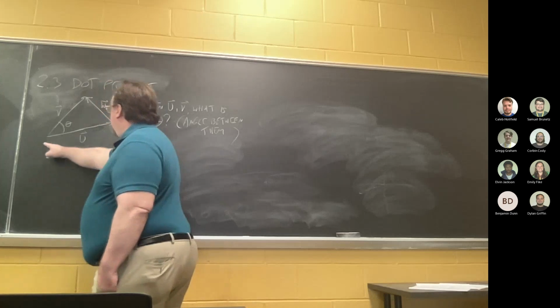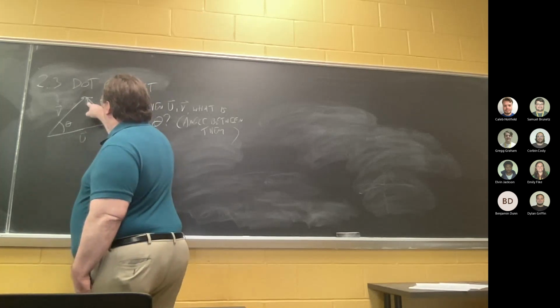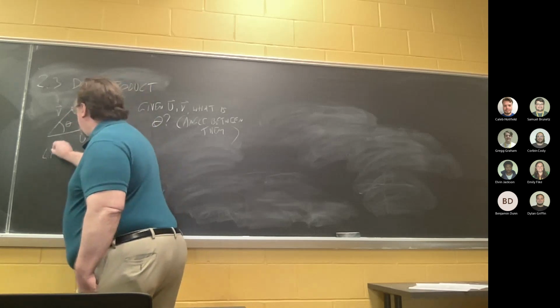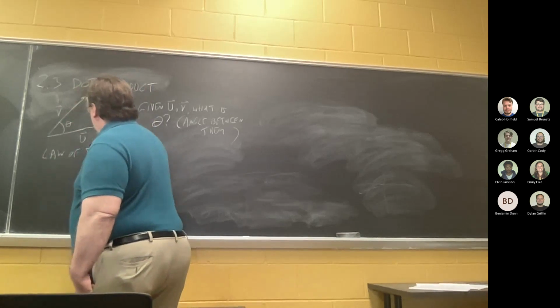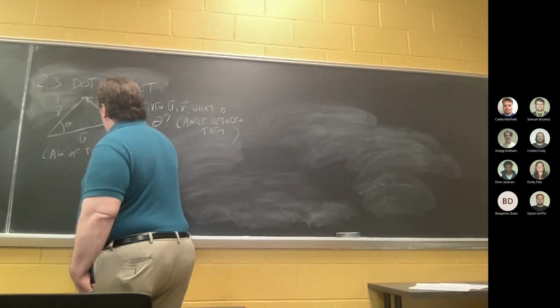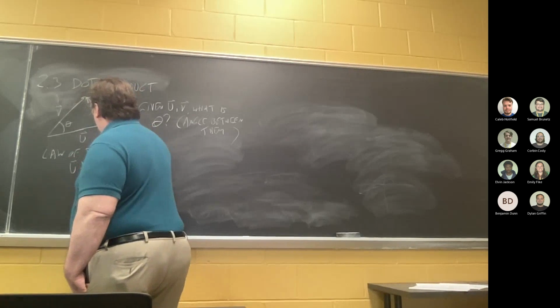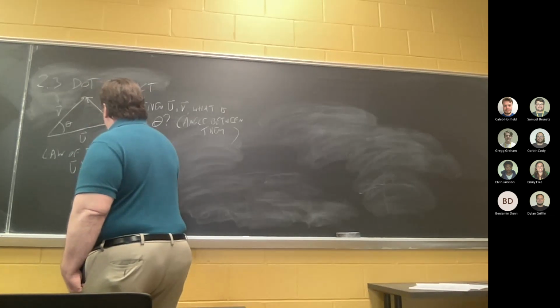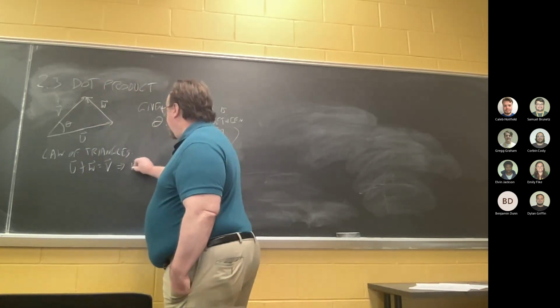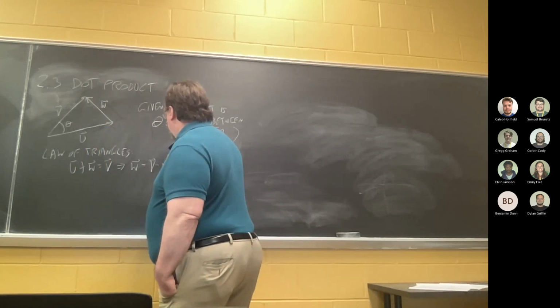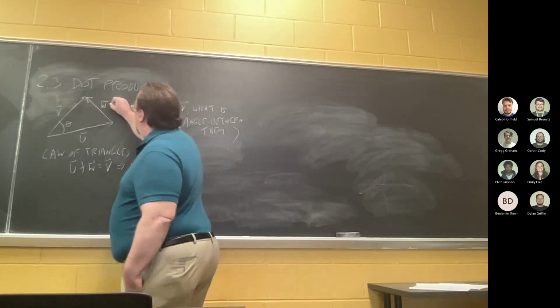So what we have is u plus w is equal to v. That's the law of triangles. Then I can just rearrange that and find that w is equal to v minus u.